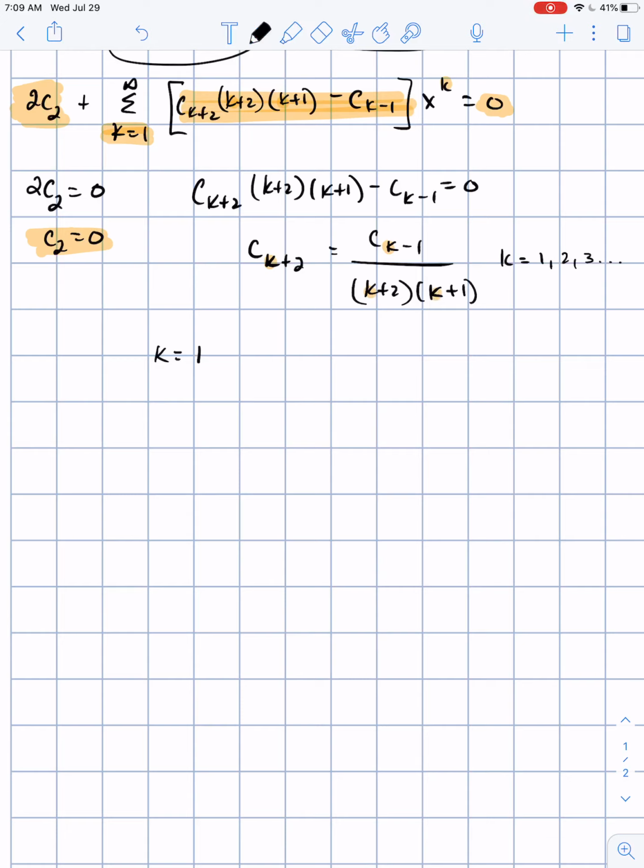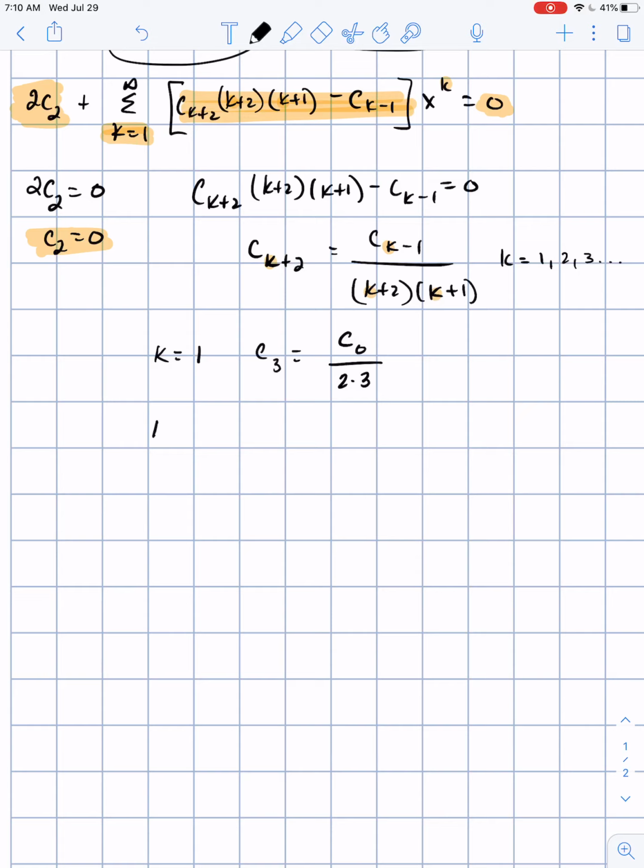So I'm going to get c sub 3 equals c sub 0 over 2 times 3. Now I did it in a different order, just I like it in ascending order, so I plugged it in, but you can see where I'm getting that from.